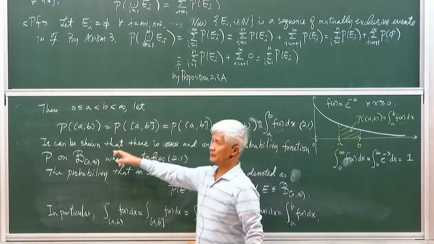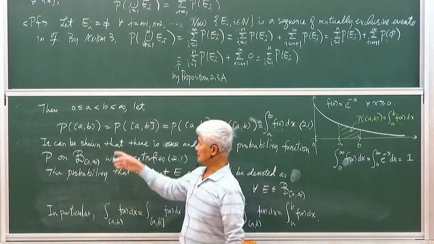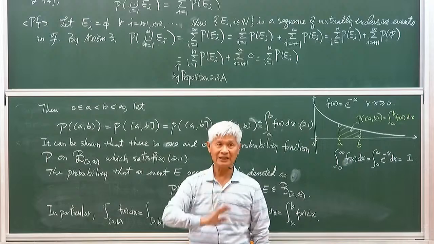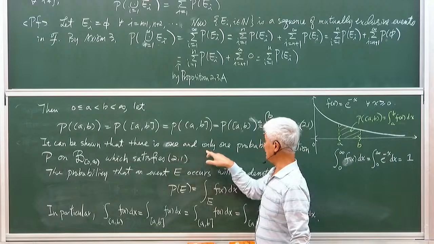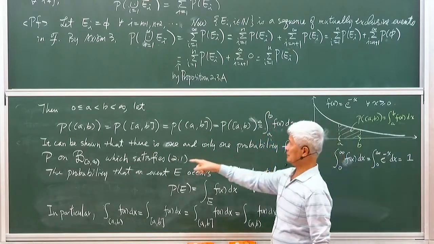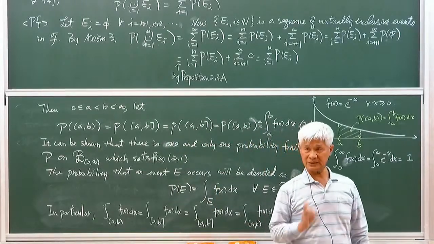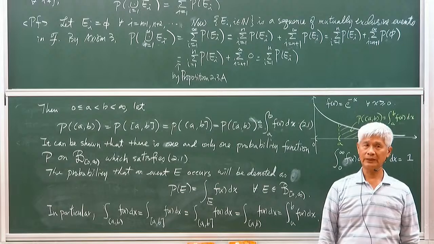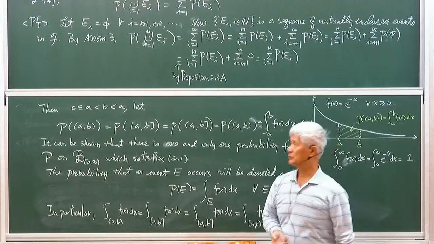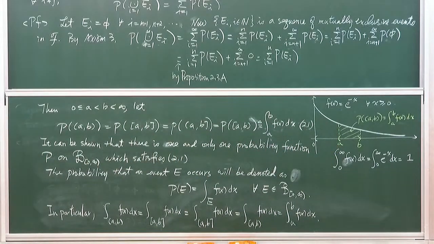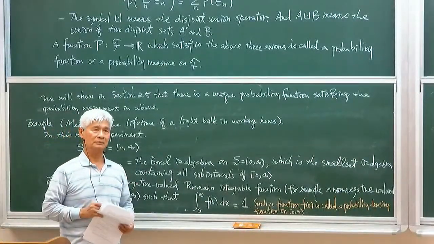And it can be shown, but I will not do the proof in this course because this is more advanced. I just tell you that indeed in mathematics we can show that there is one and only one probability function which satisfies this assignment. So it's unique. With this assertion, you know how to establish probability functions for random experiments with continuous outcomes, like this one.